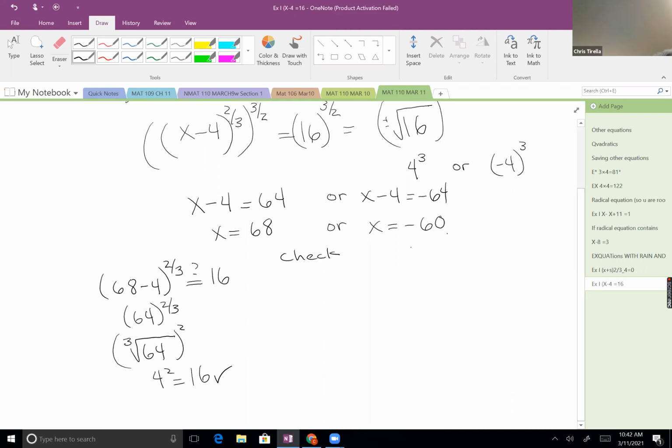If I check x = −60, −60 minus 4 to the 2/3, does that equal 16? Well, that's −64 to the 2/3. So that's the cube root of −64 squared, which would be (−4) squared, which is still 16. So it also checks.